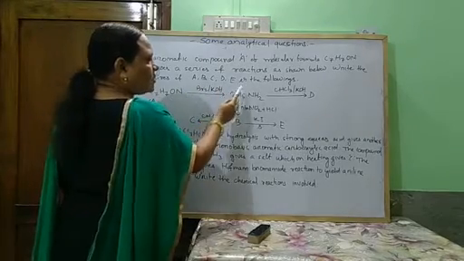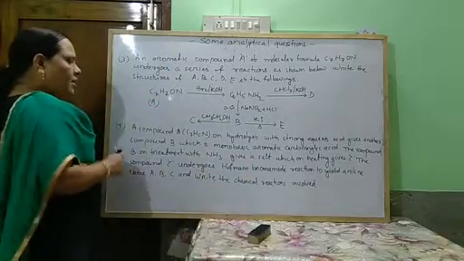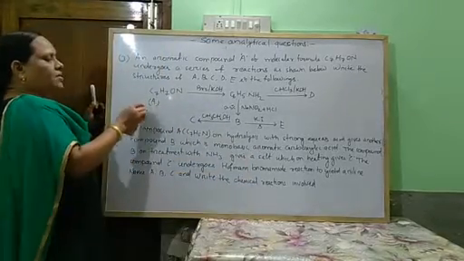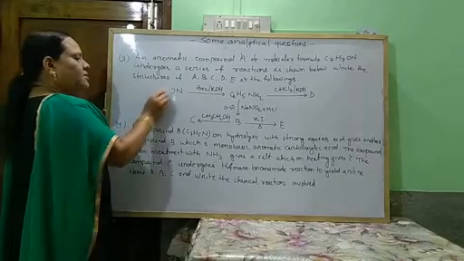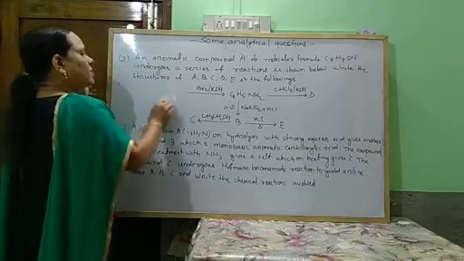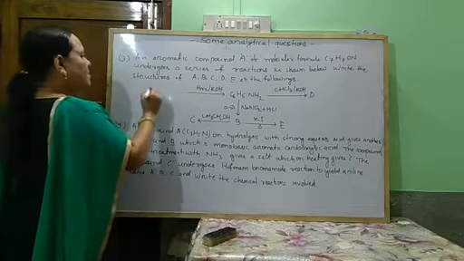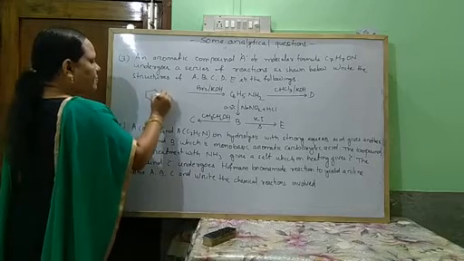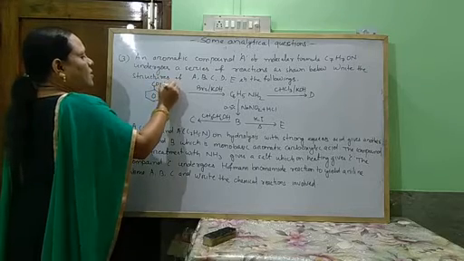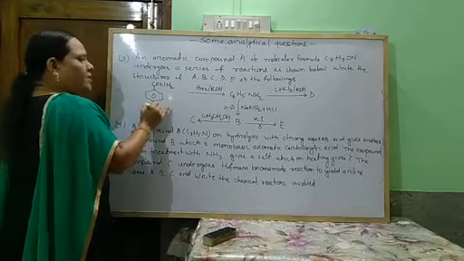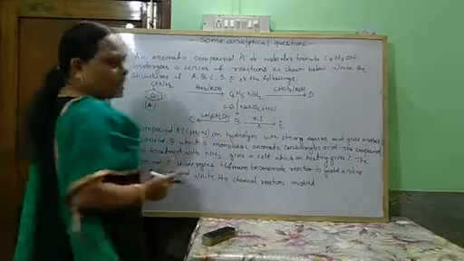Hence, it forms aniline. So, A is benzamide, having formula C7H7ON. And benzamide, when treated with this, forms aniline.